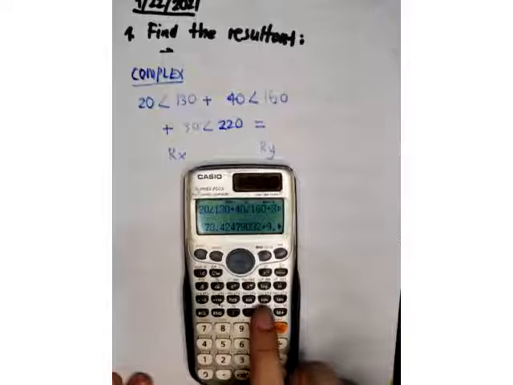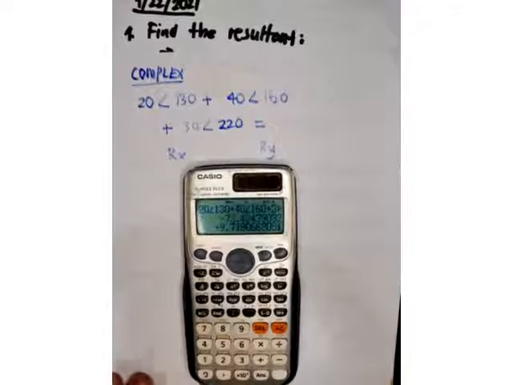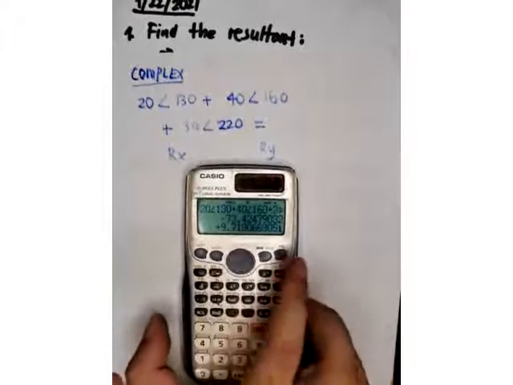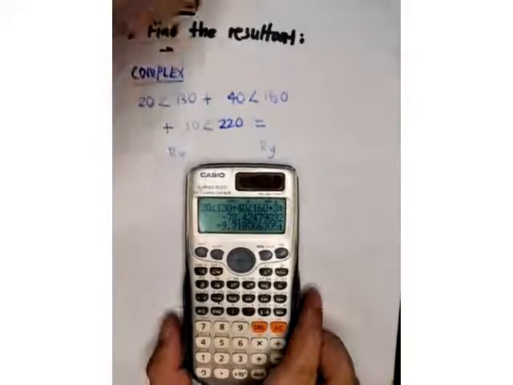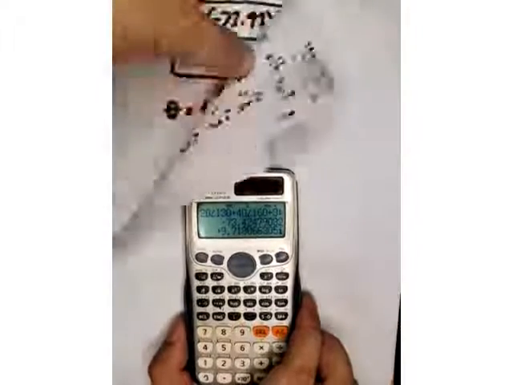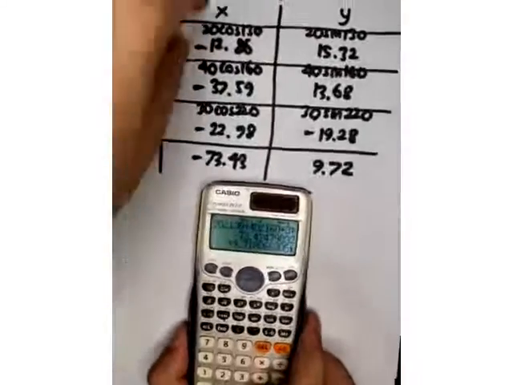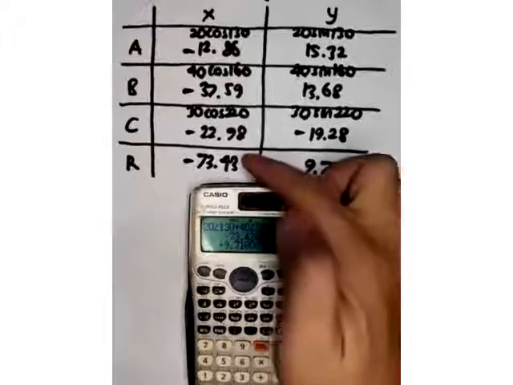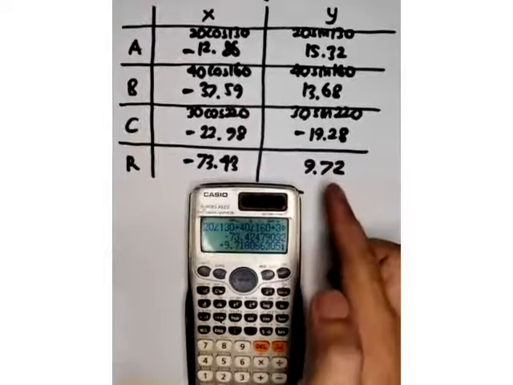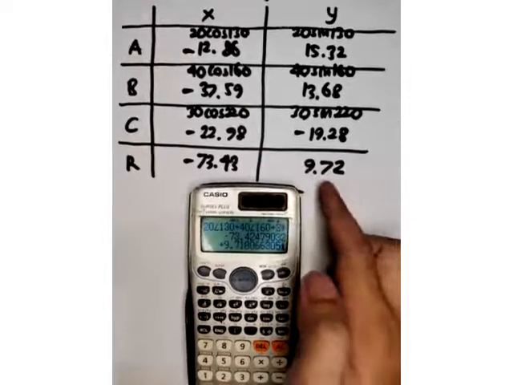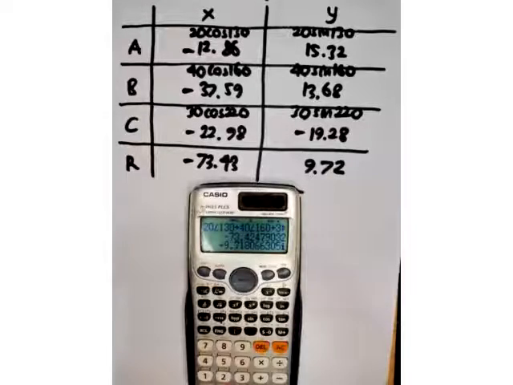Ayan, press yung SD para makita nyo yung dalawa. Dapat lalabas is negative 73.24, which is this. Ayan. So, 70.42, 43, and 9.72.